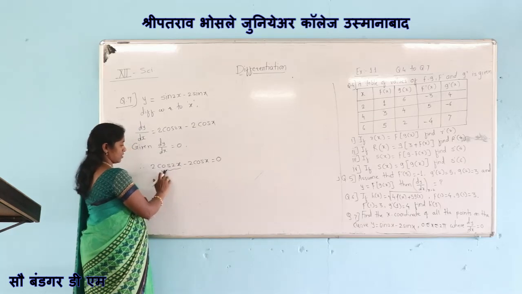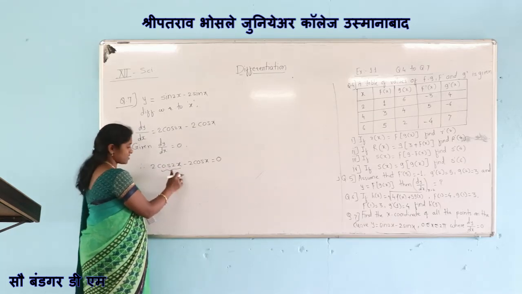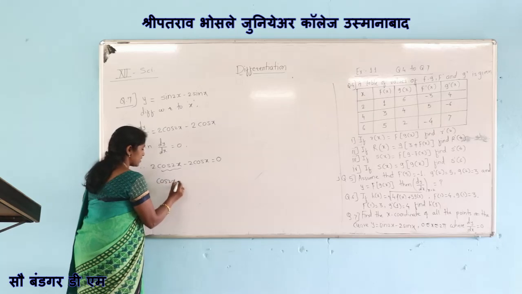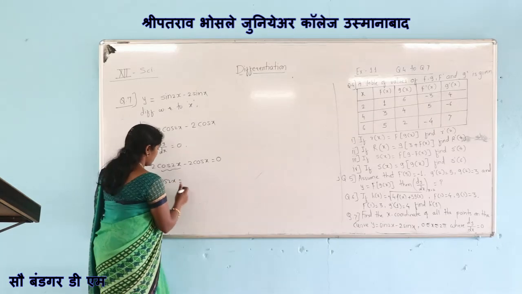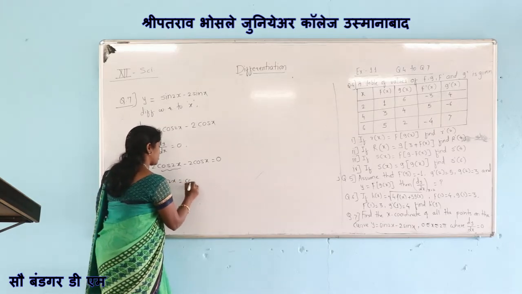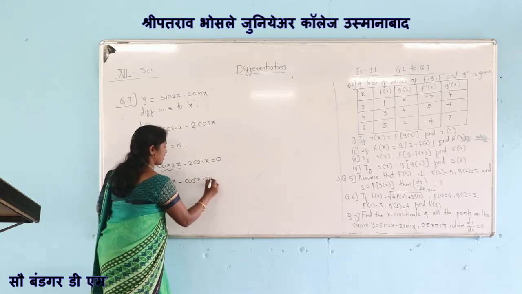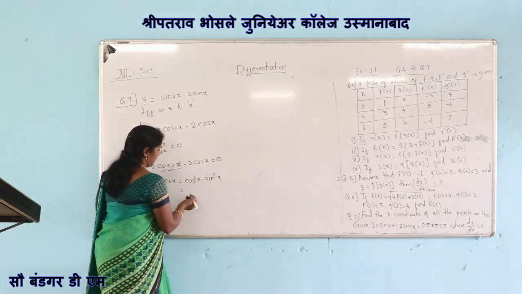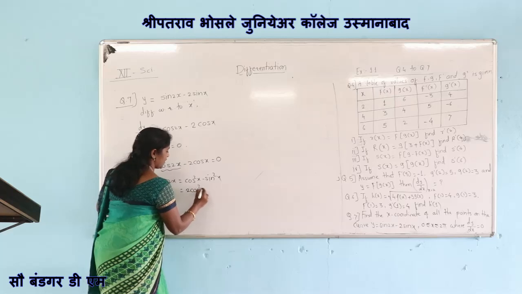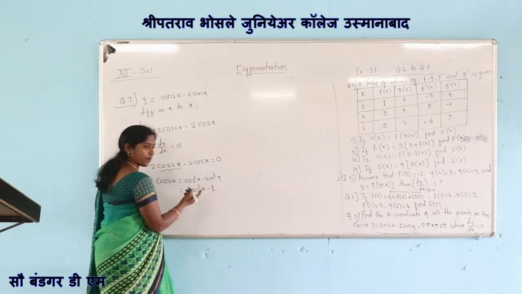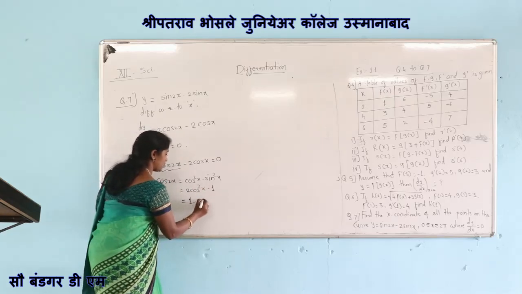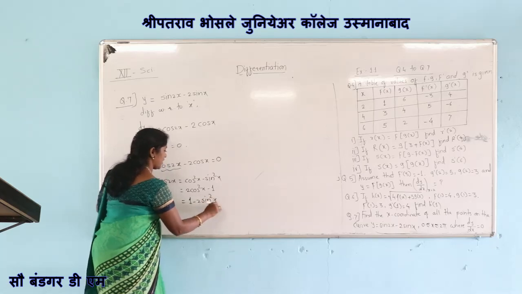Now we know the formula for cos 2x. Cos 2x may be cos square x minus sin square x, or 2 cos square x minus 1, or 1 minus 2 sin square x.